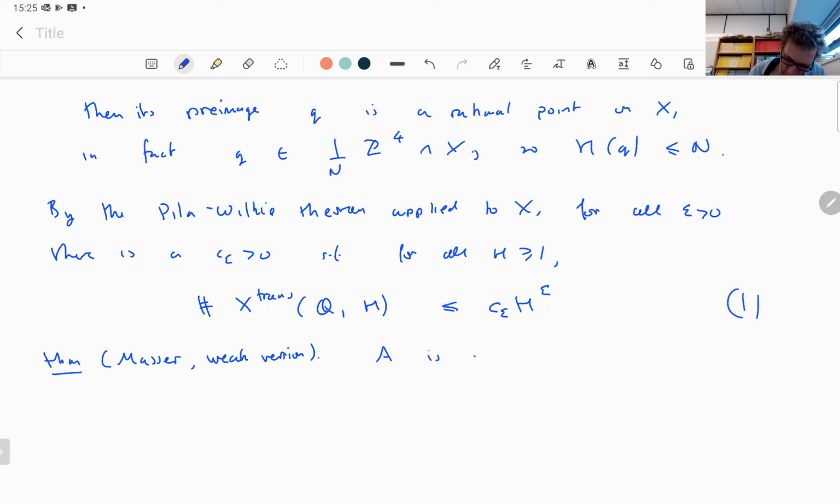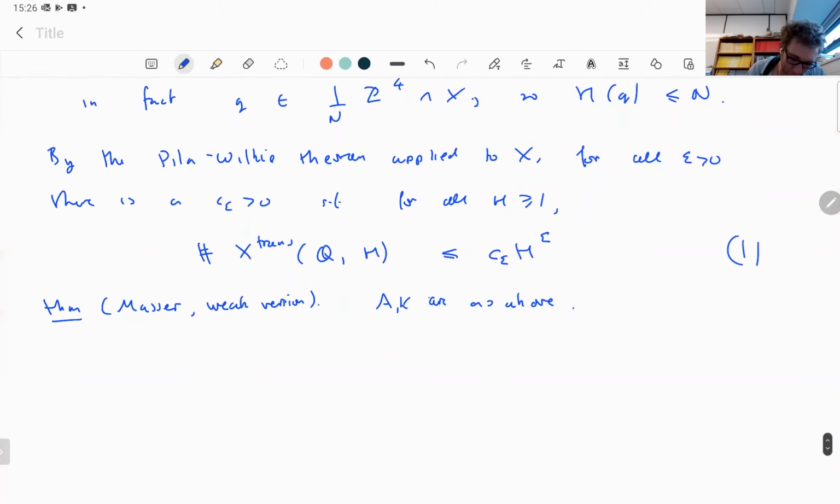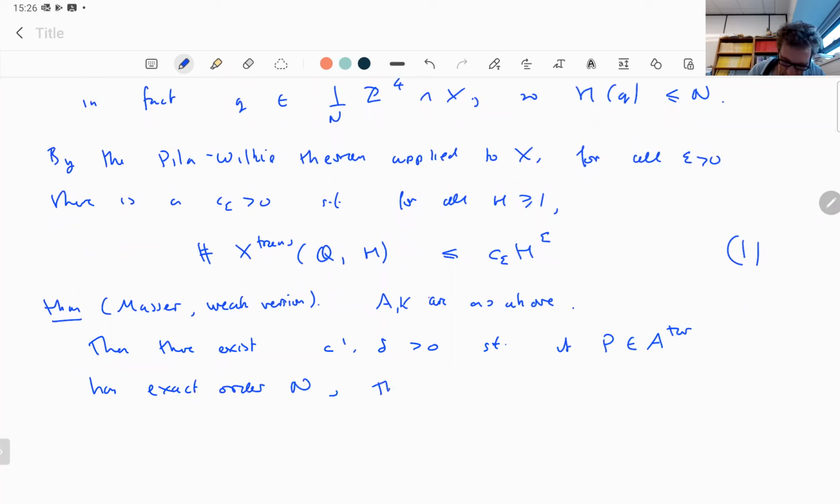So A is as above, and so is K. Then there exists C prime and a delta positive, such that if I take a torsion point on A of exact order n, then the degree of the field I get by adding the coordinates of the point to K, over K, is at least C prime n to the delta.